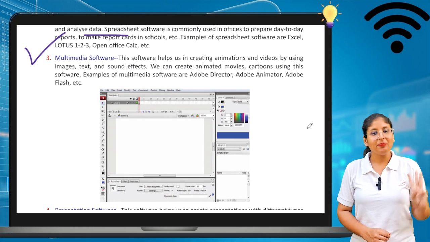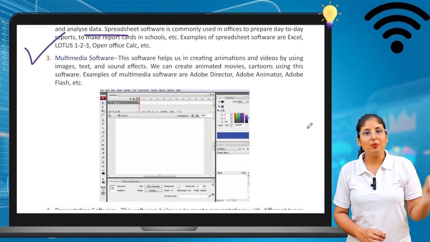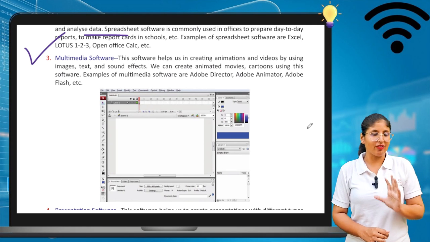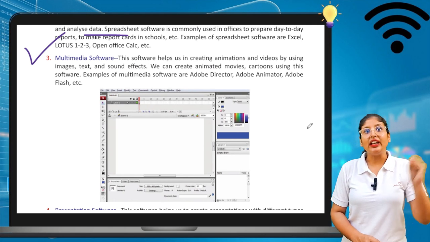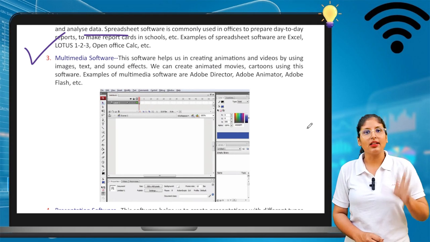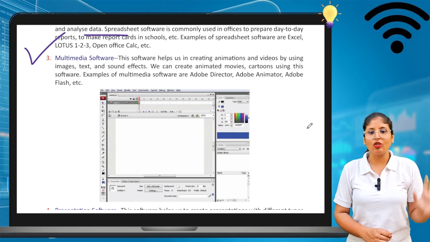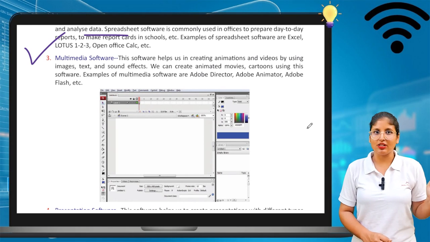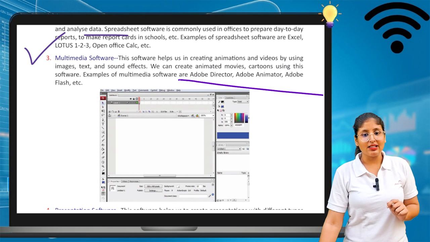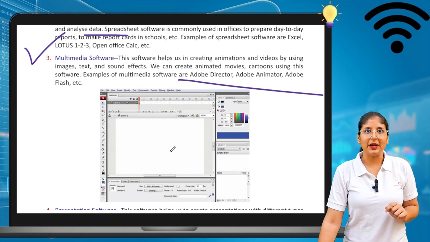We can create animated movies and cartoons using this software. Examples of multimedia software are Adobe Director, Adobe Animator, Adobe Flash. These are some multimedia software.